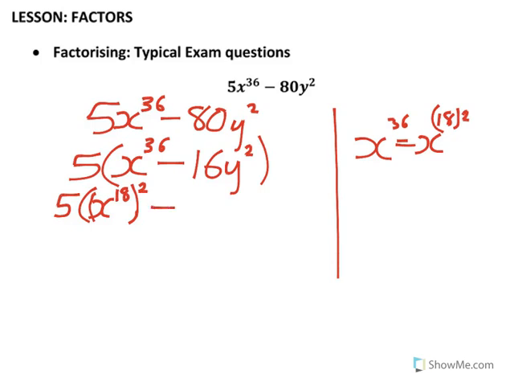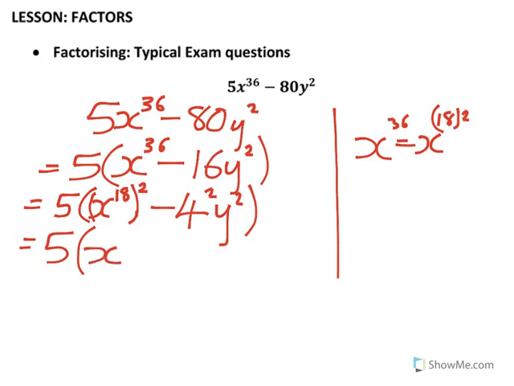Minus, again, what is 16? 16 is 4 squared and then y squared. Why am I putting the squares? It's because remember we want to put the concept of a difference of two squares. Hence you're going to have here a 5. Then you're going to have a difference of two squares.